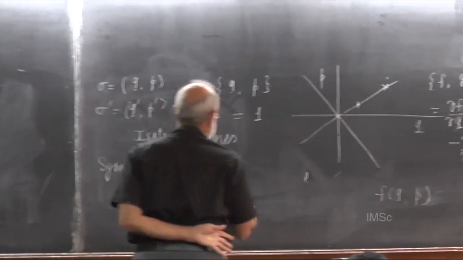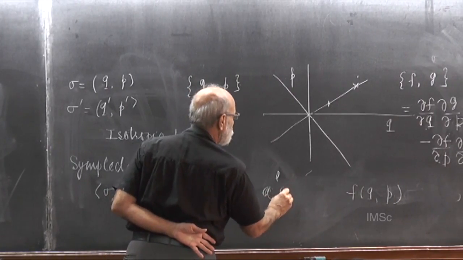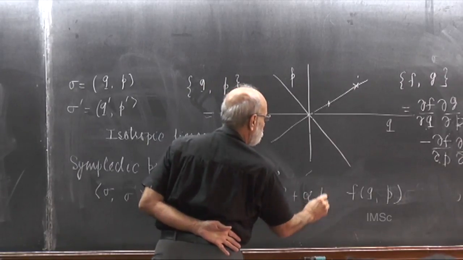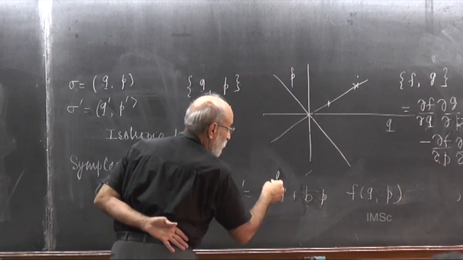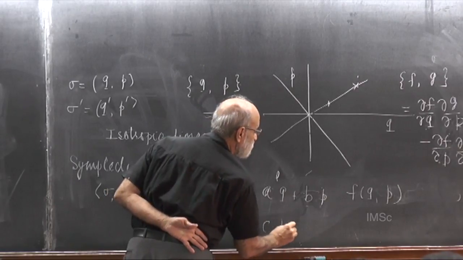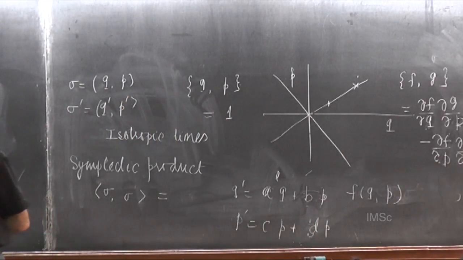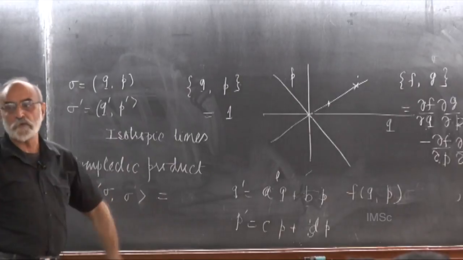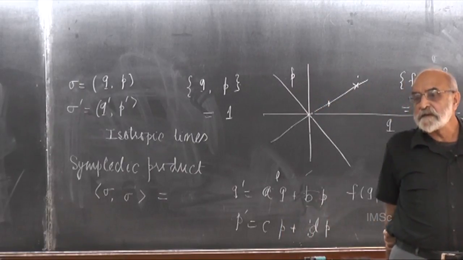So I start with Q and P, and I consider Q prime and P prime as some linear combination of Q and P. The reason I am doing all this is that I can find out what conditions on A, B and C, D must be satisfied in order that Q prime and P prime also obey the same commutation relation.